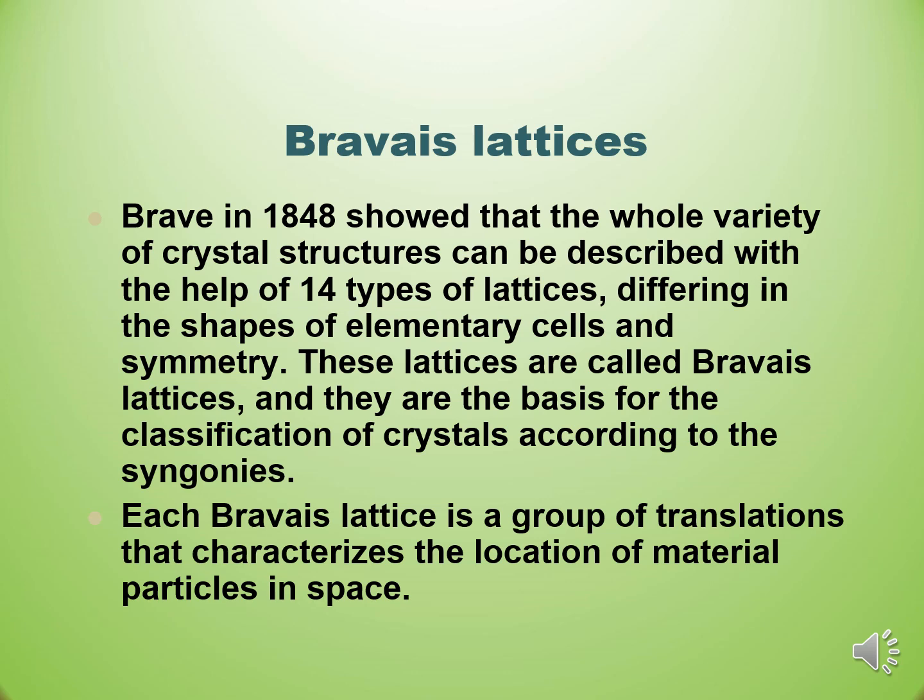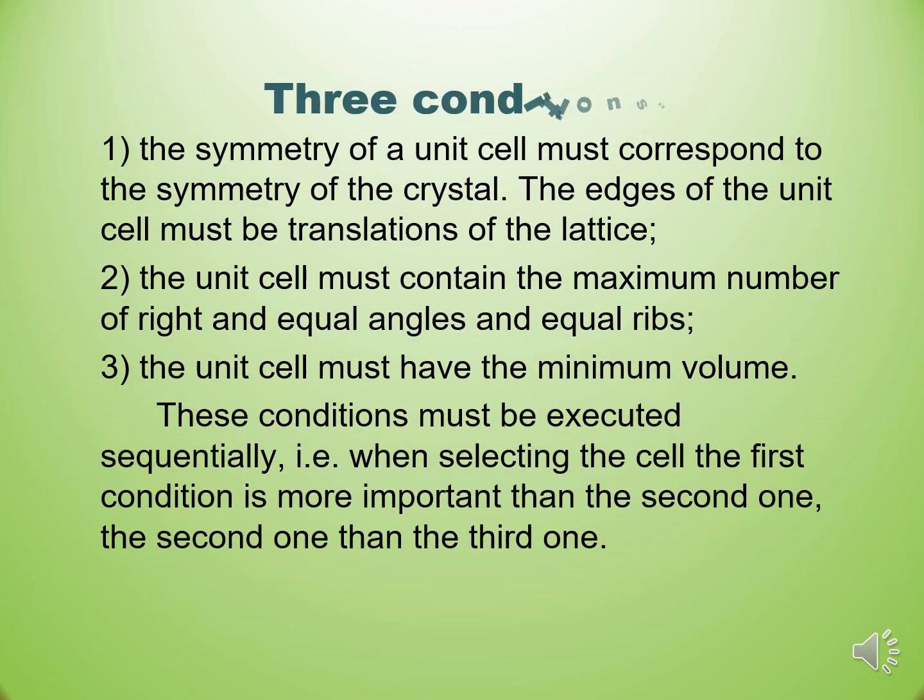These lattices are called Bravais lattices, and they are the basis for the classification of crystals by symmetry. A Bravais lattice is a translation group that characterizes the locations of the material particles in space.